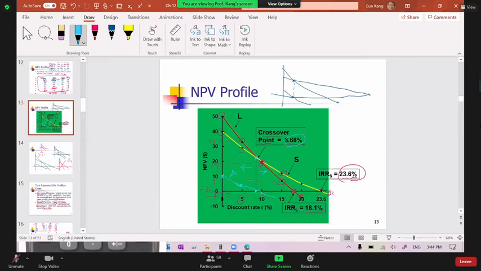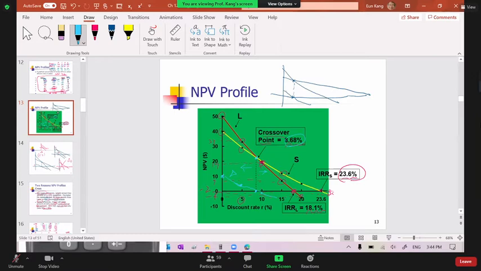Especially when they are independent, normally, but not always, they give the same conclusion. But if L and S are mutually exclusive, then what? Mutually exclusive, then you have to take only one, right? In that case, there is a ranking conflict between IRR and net present value.